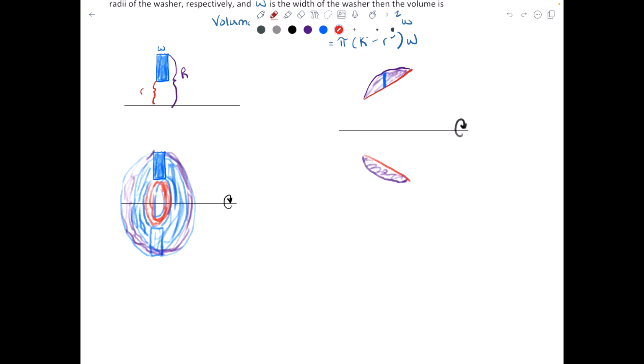Actually, at our representative rectangle, you'd have something like this, right? With that rotation, representative rectangle, which would make our representative disc. And then you'd have another one up here.